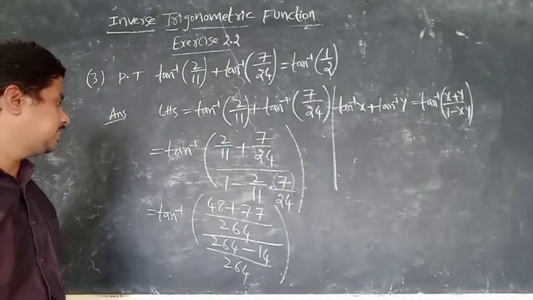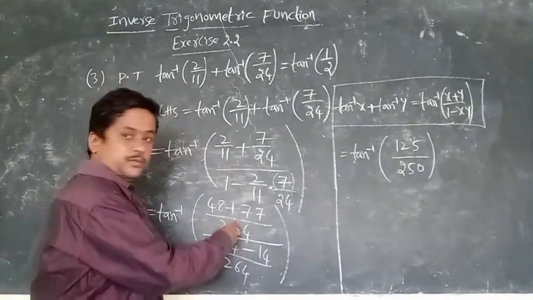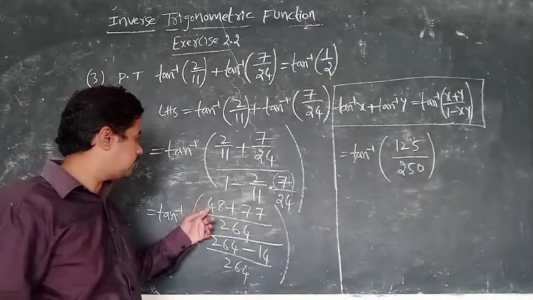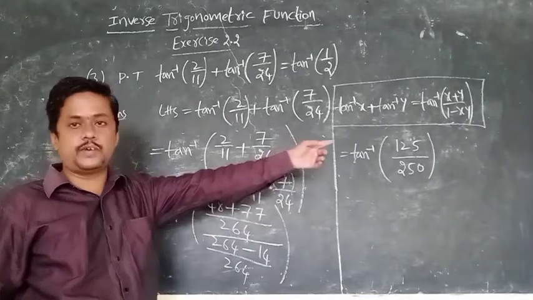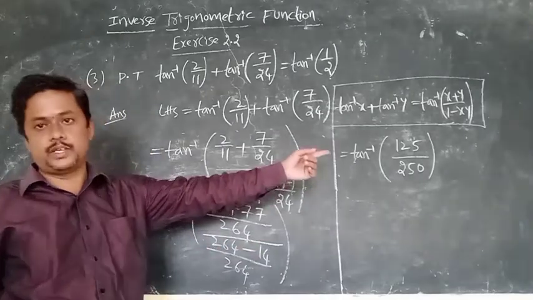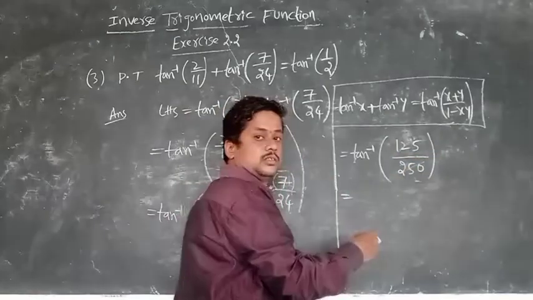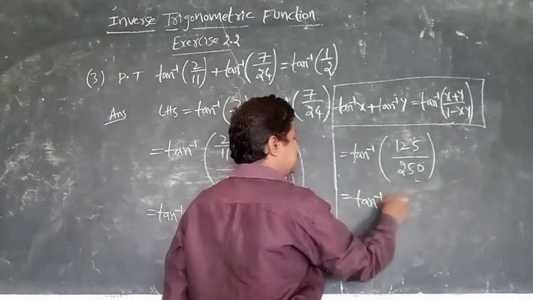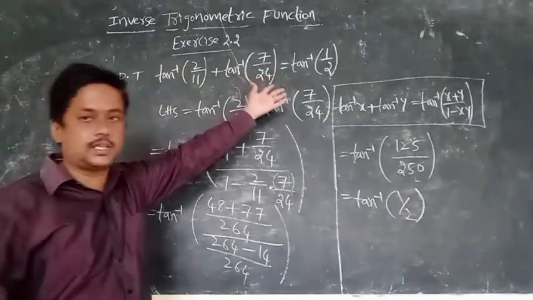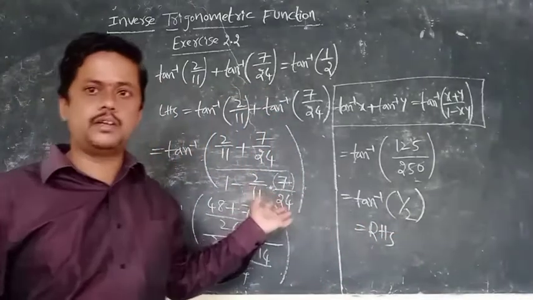Next, 264 cancels. 48 plus 77 is 125, and 264 minus 14 is 250. So 125 over 250 is 1 by 2. Therefore tan inverse of 1 by 2, so LHS is equal to RHS. Very easy problem. This type of problem is very important.